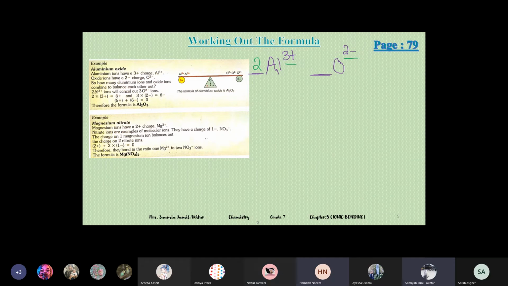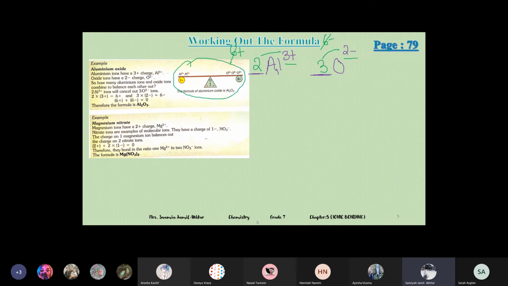This 2 and 3, it will become 6 plus, right? And which number should we write here? 3. Yes, we will write 3 here. So 3 into 2 is 6, so they are equal. In short, we have to balance the two charges.